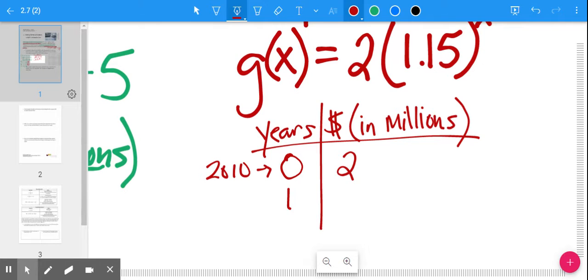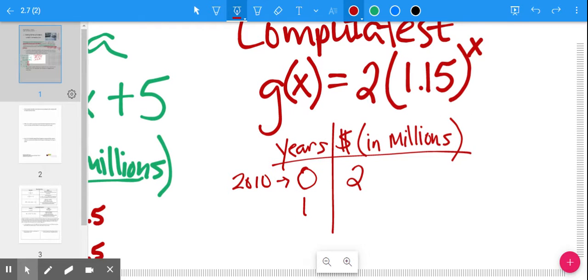So I taught you guys how to use the table function in your calculator. That's going to be one of the ways that you can do this. Or if you don't have the yellow calculator with the table feature at home, we know that our multiplier is that 1.15 because it's at the base of our exponent. So you can do 2 times 1.15 and you get 2.3. So again, we're multiplying it by our multiplier of 1.15.